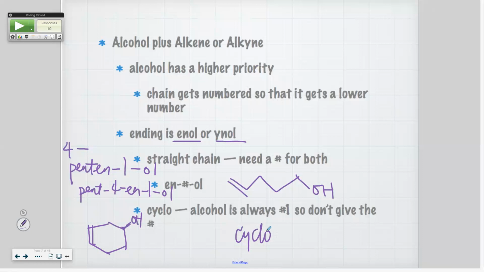Okay. So what else do we need? Hex, because it has how many carbons in the ring? 6. Okay, and then what do we need? What do we put here? En. Okay. And then the OL. You don't have to put a 1 for the OL because it's automatically 1. So what goes in front? 3. Okay, so it makes sense.